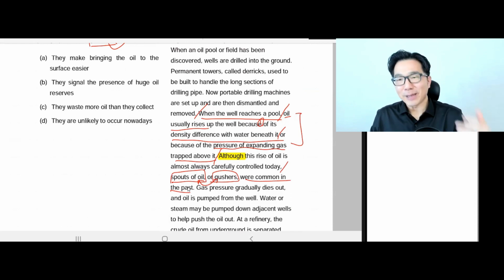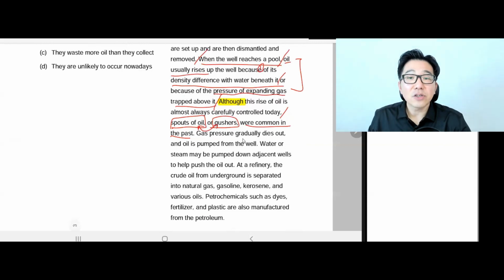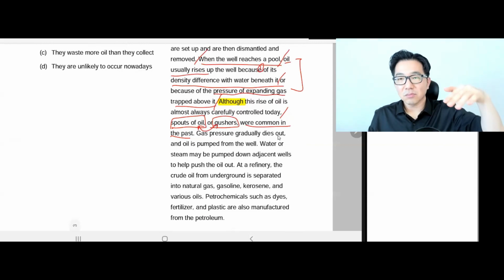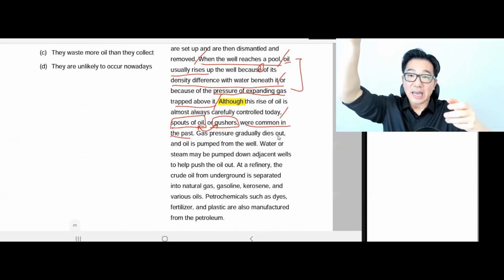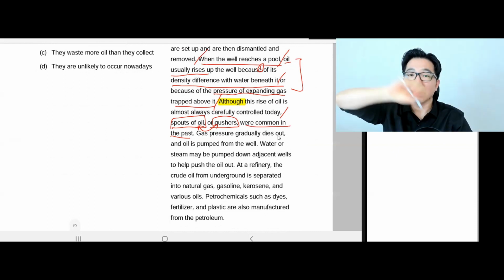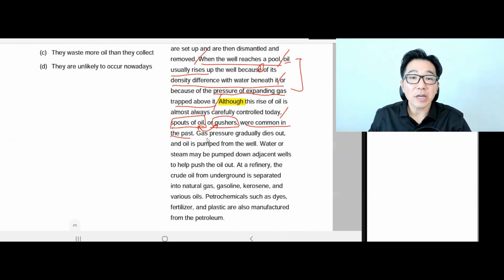See, so you can become a master of this question type as you practice and learn. Okay, with me. Right, next sentence. Gas pressure gradually dies out. Okay, so when you put in a well, initially gas pressure would be really high, but the gas would get relieved through the well. So gradually, after a while, it decreases, and oil is pumped from the well.